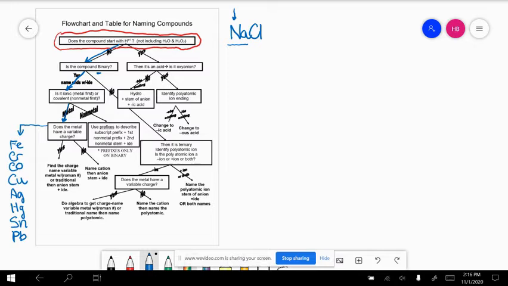So if it's not one of these, you're going to say no. But alkali metals are always fixed charges. So we're going to go down the no route. It says name the cation. And then the anion stem plus IDE. So we're going to take chlorine, knock off the ending INE, and change it to IDE. So it's sodium chloride.